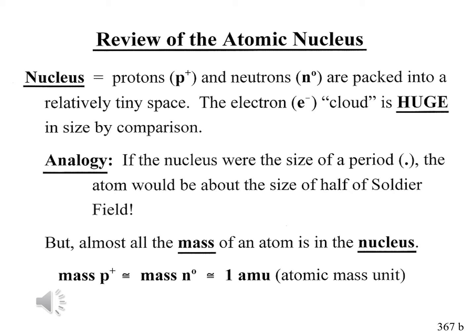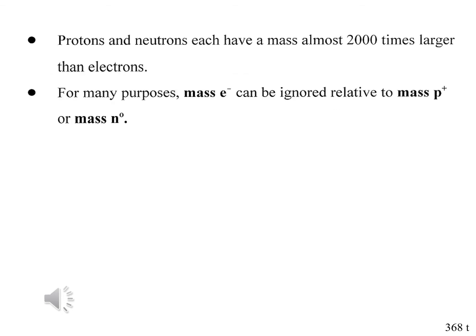I showed you here, I said here that the mass of the atom is in the nucleus, and a proton and a neutron both weigh about what they call one atomic mass unit. Neither one of them is exactly that, but that's one. And since electrons are so light, they aren't even taken into account when you weigh an atom because they're usually negligible.